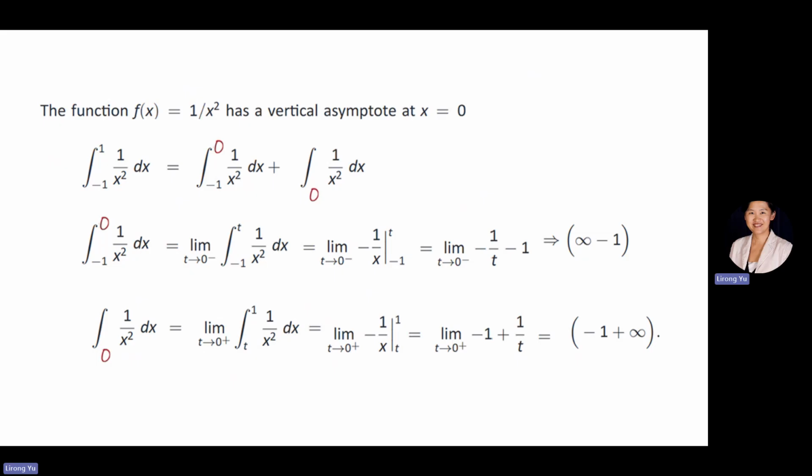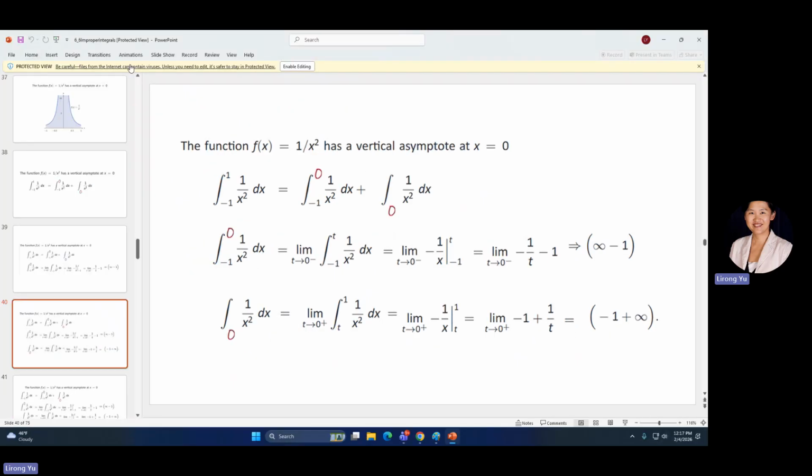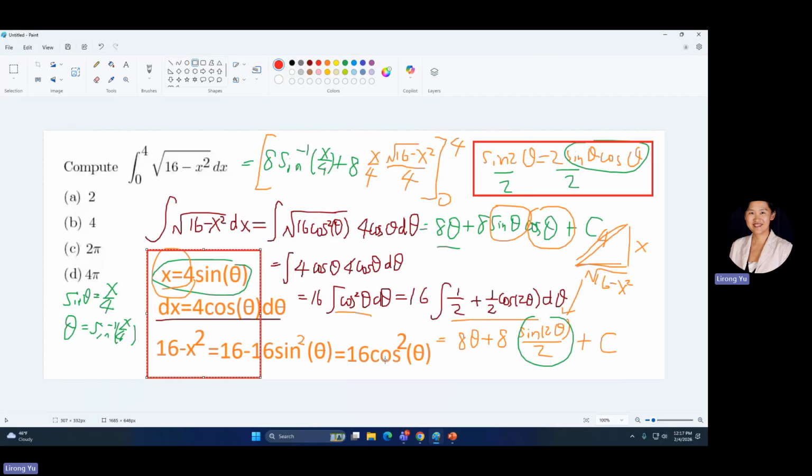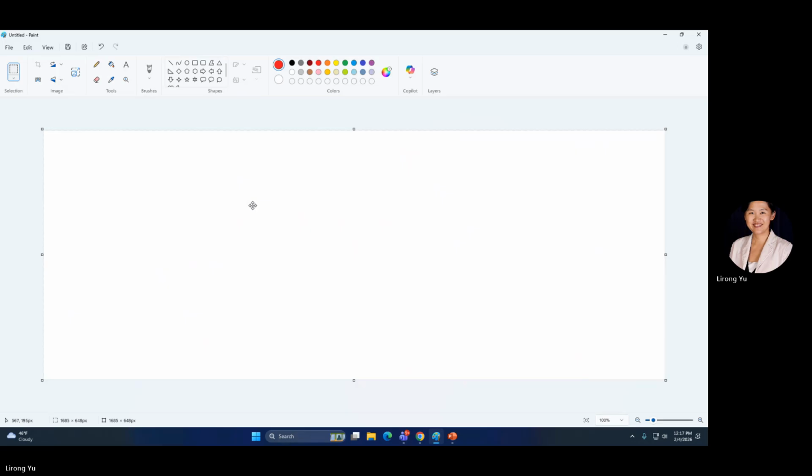So here we'll call one over x squared. For example, it's a different question.